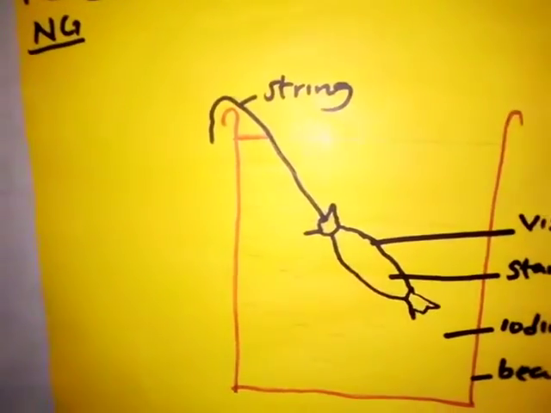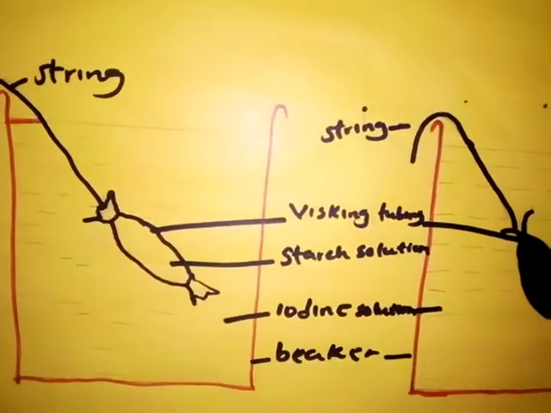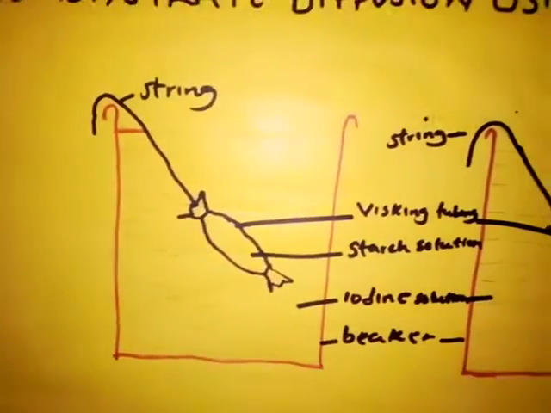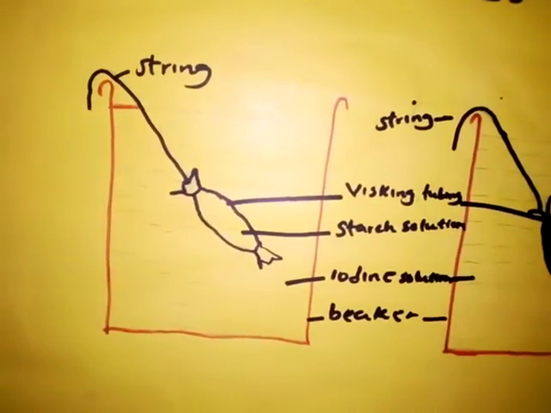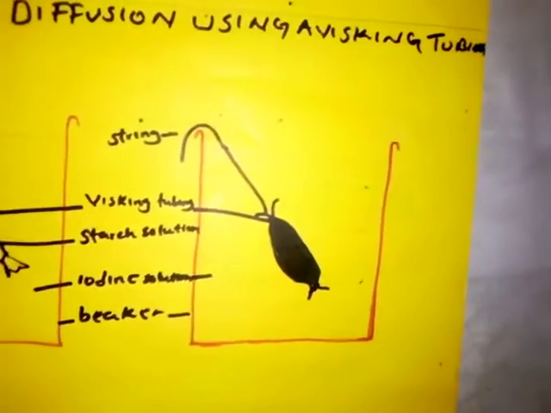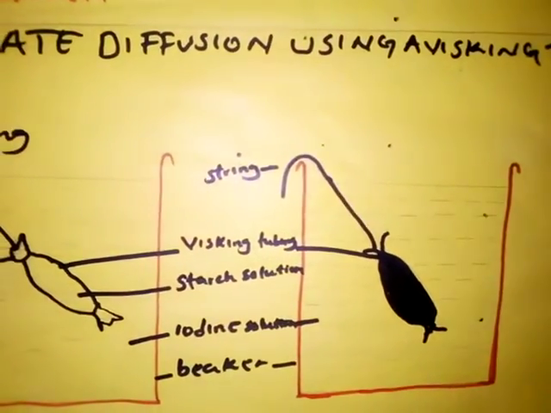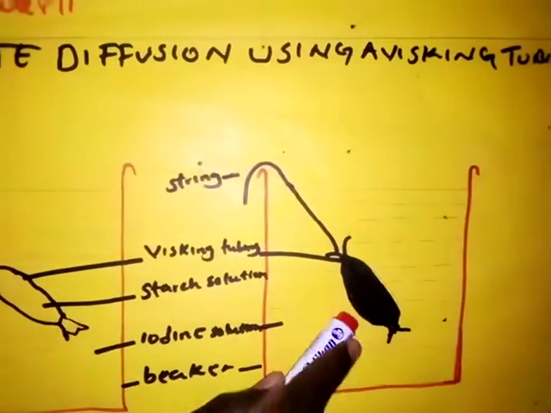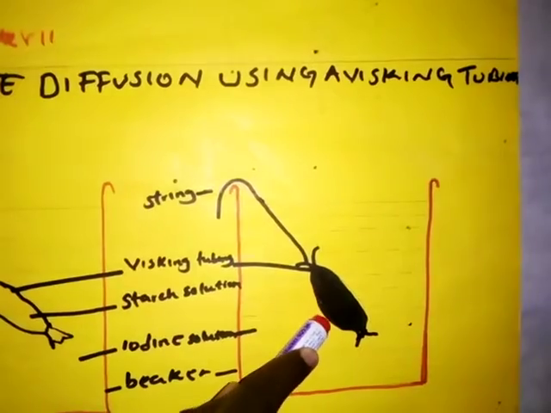Now we move on to the next thing, and we want to discuss what will happen after a period of 20 minutes. You will realize that after 20 minutes, the contents of the whisking tubing will always turn blue-black.